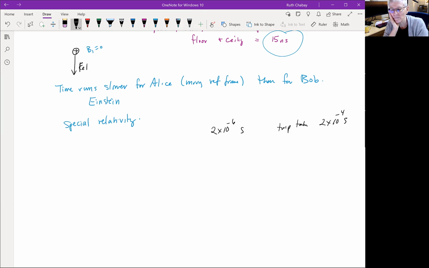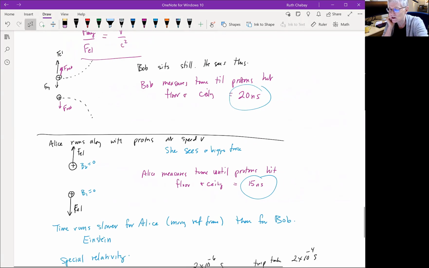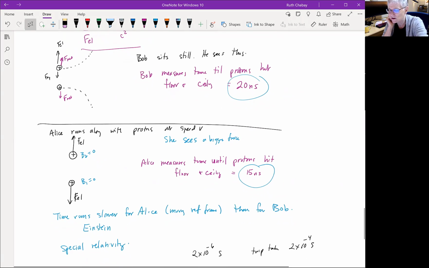Dr. Chabay? Yeah. So in the example with Bob and Alice, I know this was just a hypothetical situation, but what quantities would they have been measuring, based on time, and then deducing via math the other quantities? Right. So in this example, they predict how long it's going to take.